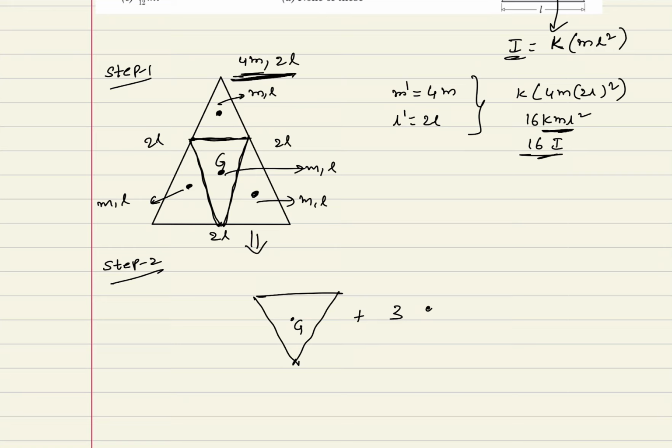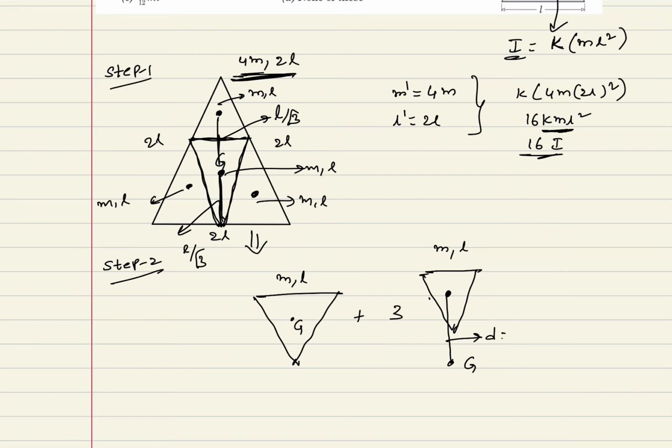You can take those 3 triangles like this: a triangle having mass m and side length L, and this is my G. Now you know that the distance from vertex to centroid is L divided by root 3. This distance, from the centroid of any small triangle to the whole centroid G, that distance d is how much? L divided by root 3 will be there.